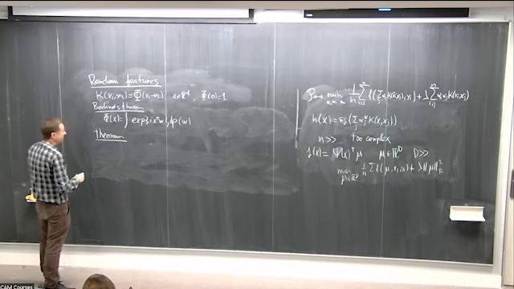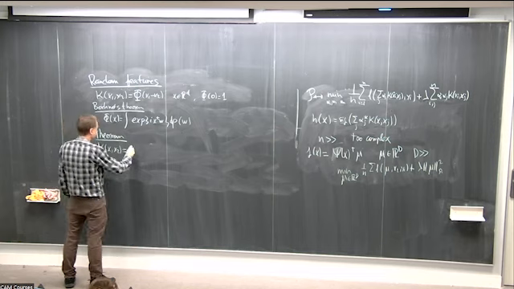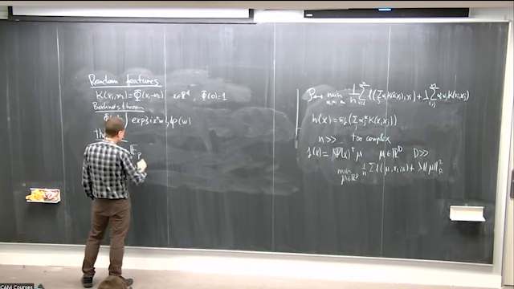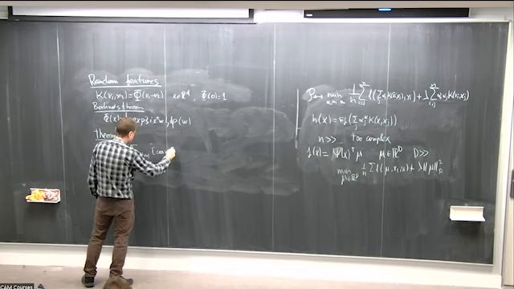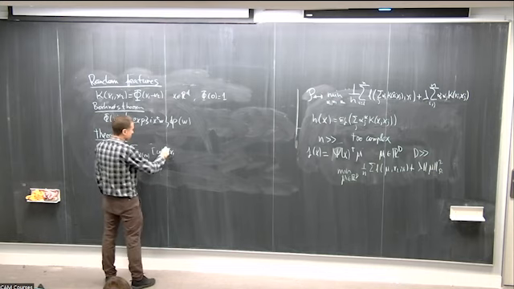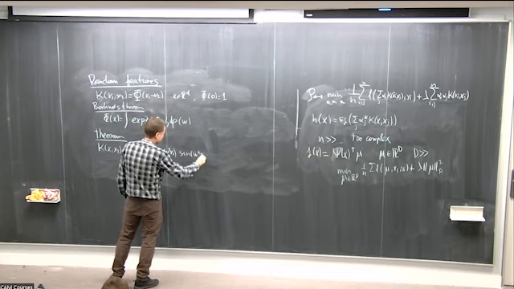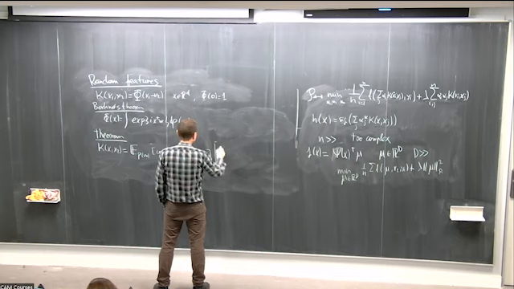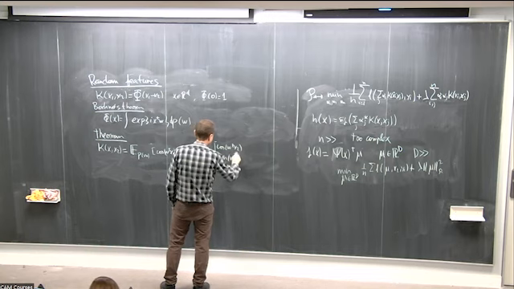The value of the kernel at 2 points is going to be the expectation over that probability distribution of the cosine of w transpose x1 and the sine of w transpose x1, and then the cosine of w transpose x2 and the sine of w transpose x2.